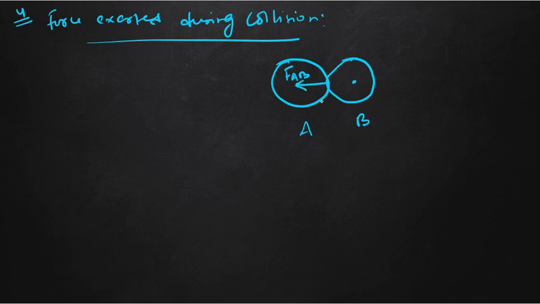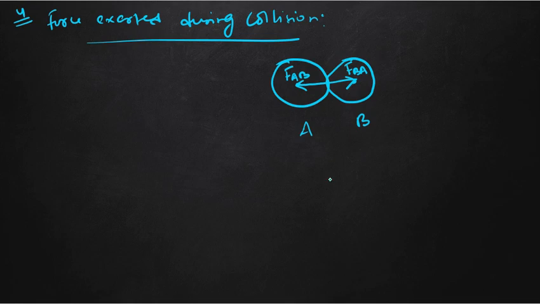Similarly, body A will push body B in this direction. This is the force on B due to A. In this way equal and opposite forces act on each other, and these two forces are known as force of action and force of reaction. This is known as the force during collision, that the two bodies push each other, known as our force of action and force of reaction.